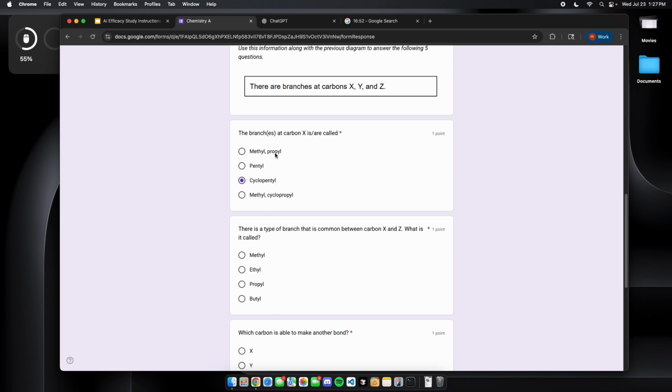I guess if I logically determine it between these two, if the branch is at X and I think X has one branch, it can't be these because there's no option here that matches that, so it has to be one of these.